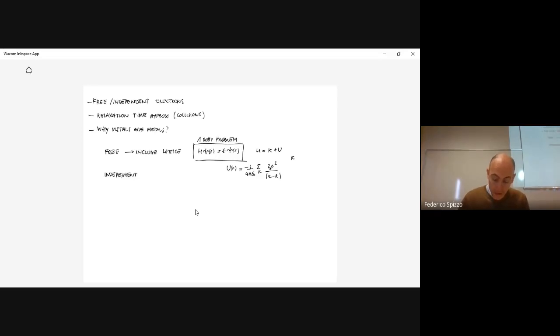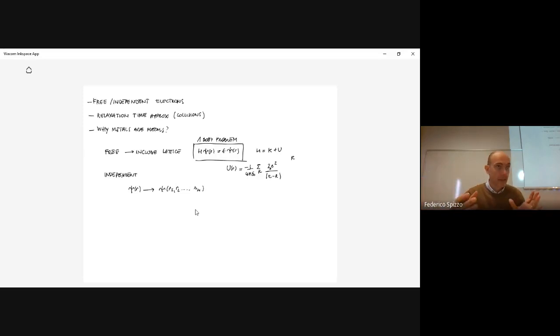Differently, if we relax the independent electron approximation, then we switch from a picture where we use the wave function of just one electron to solve the problem, to a picture where we need to use a wave function with the coordinates of all the electrons, because in this picture the electrons are no more independent: the position of one electron affects the position of all the other electrons.